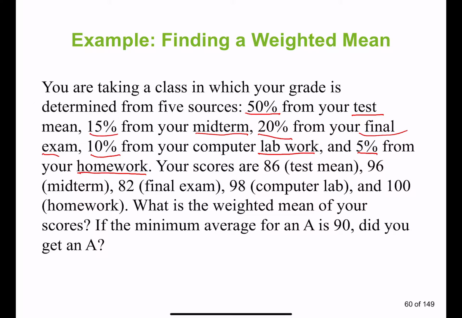I have to say it's quite diversified, this grade here. So your scores are 86 for test average, 96 for midterm, 82 for final exam, 98 computer lab, and 100 for homework. What is the weighted mean of your score? Meaning, what's the final grade of this student?